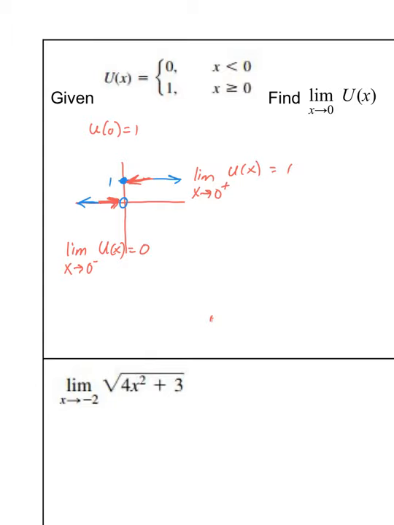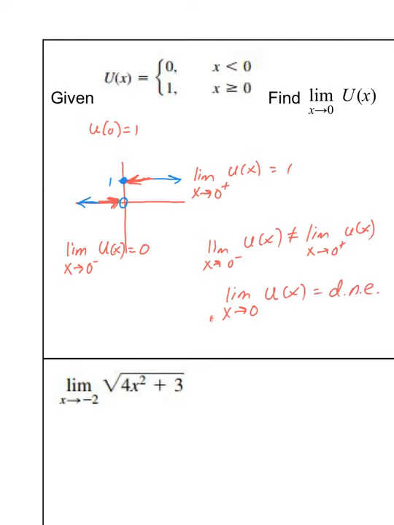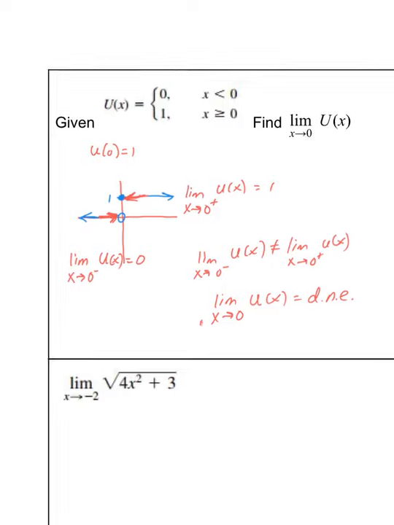So because the left side of 0 and the right side of 0, because those are not equal, it means that the limit as x approaches 0 does not exist. And we abbreviate does not exist with DNE. Again, it's because both sides are pointing to two different places.